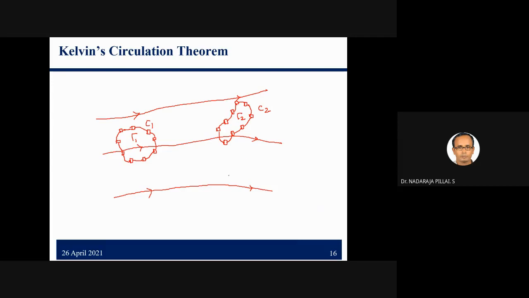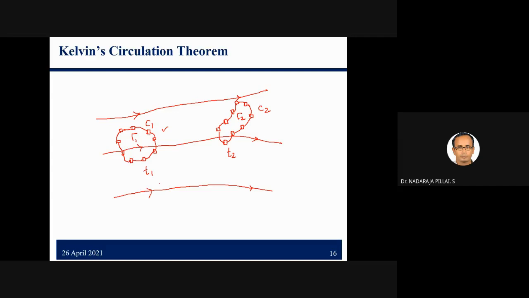The same fluid elements: this is at time T1 and the same fluid elements at a later time T2. Now the fluid elements form a different curve C2. Here it forms a curve C1 with the circulation gamma 1, and here it forms another curve with the circulation gamma 2. Both are two different curves.